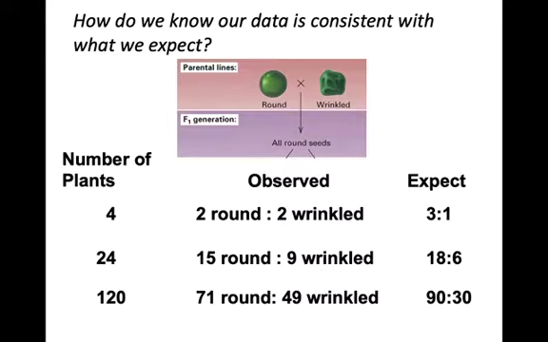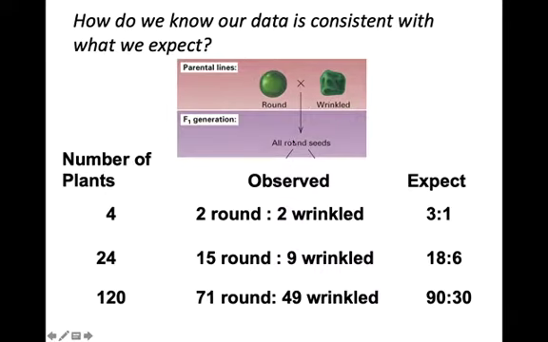Now, I'm going to switch gears for a second. We've been looking at outcomes of crosses in which we make particular predictions. In this particular case, we'll go back to those P's, round and wrinkled.